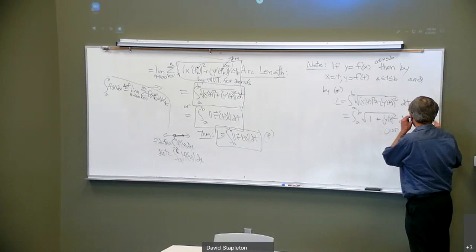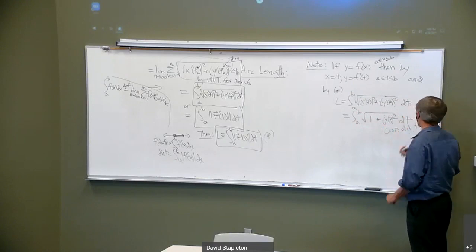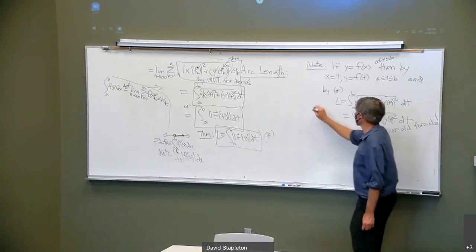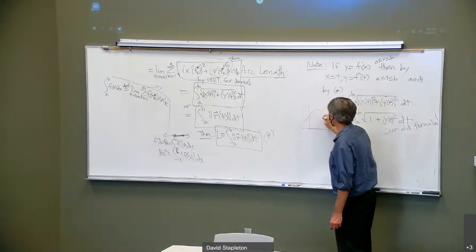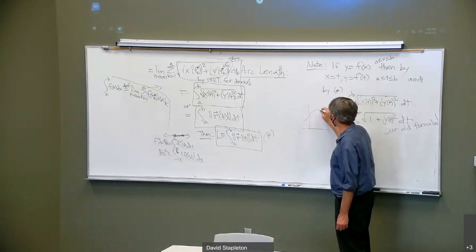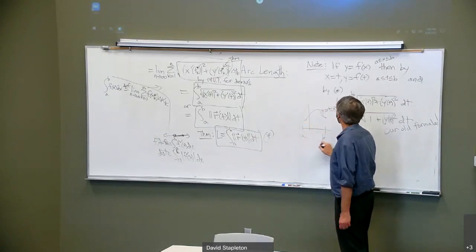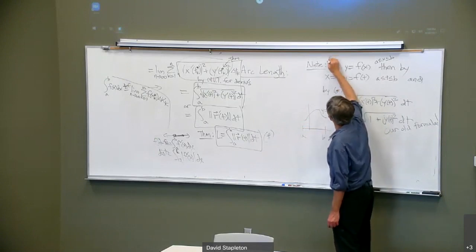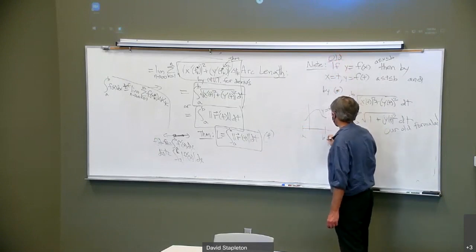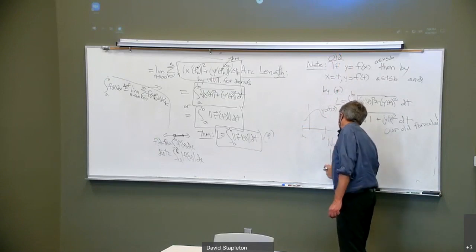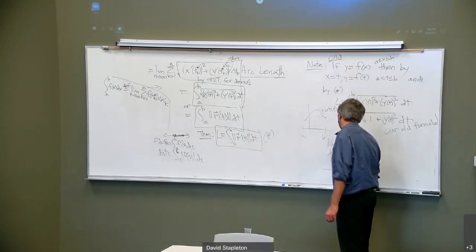We have generalized our formula. This one worked only for curves where y was given as a function of x, which meant no vertical line could intersect it more than once, y equals f of x, x going from a to b. This is the old stuff. The new stuff is that we can have a general parametric curve, which means it doesn't have to be y a function of x.